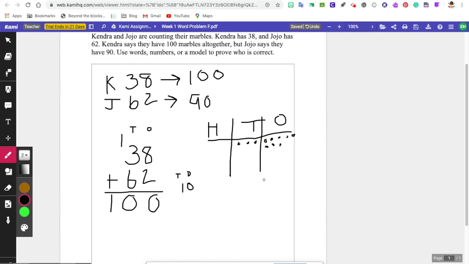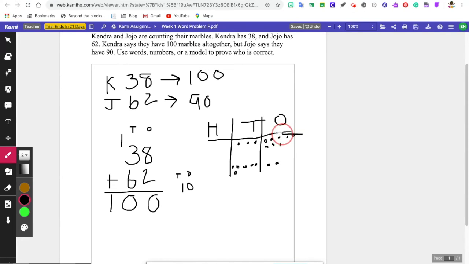So 38. Then for 62, you have 2 ones, and you have 6 tens: 3, 4, 5, and 6. And we count, we know that that's 8, 9, 10.